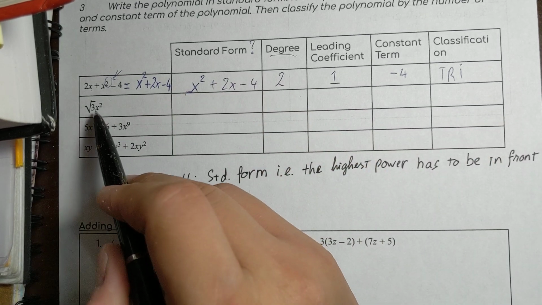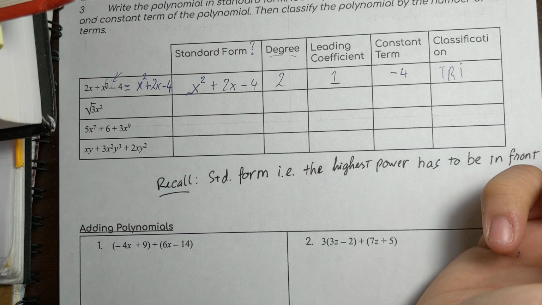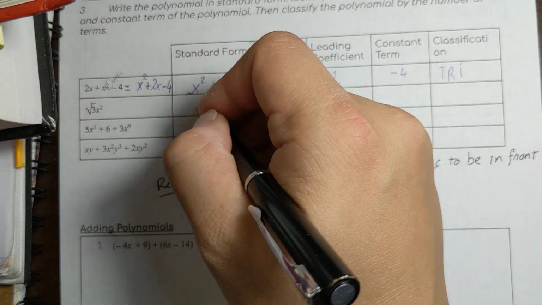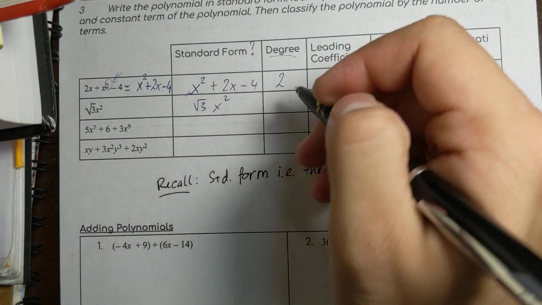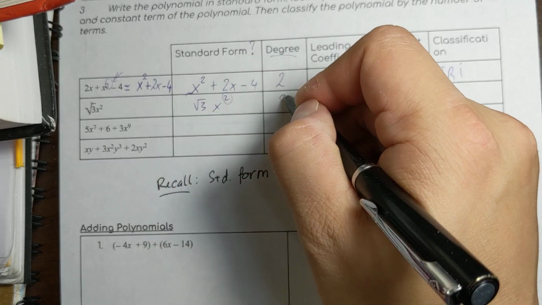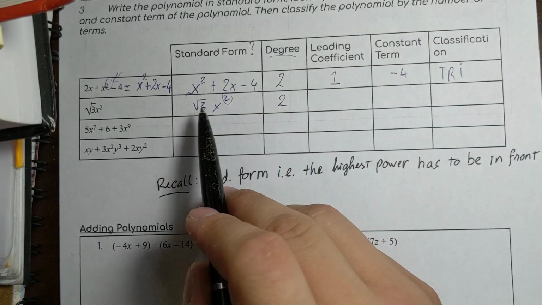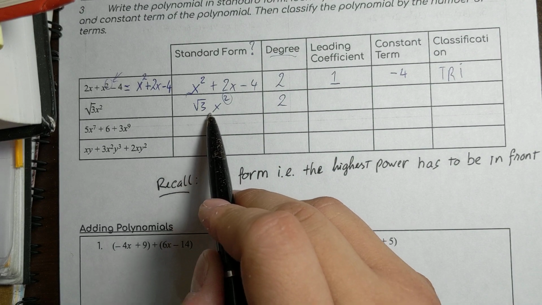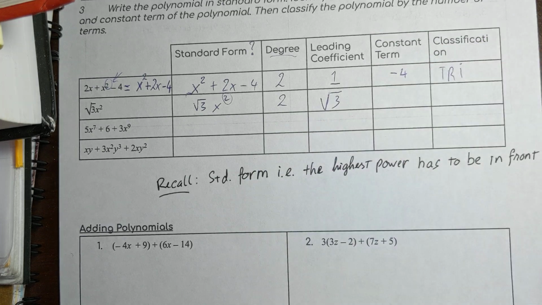Same concept. So you got square root of 3 x squared. Is that in standard form? Yes, because it's only 1 term by itself. What's the degree of this? This has to be 2. Leading coefficient. Well, since there's only square root of 3 in front of this, your leading coefficient has to be square root of 3.